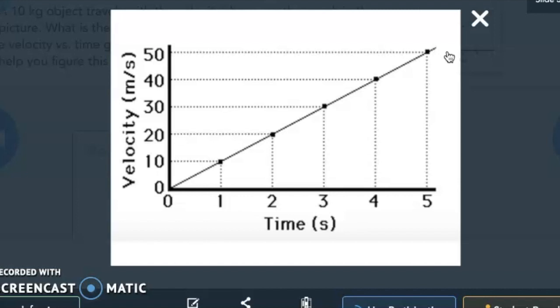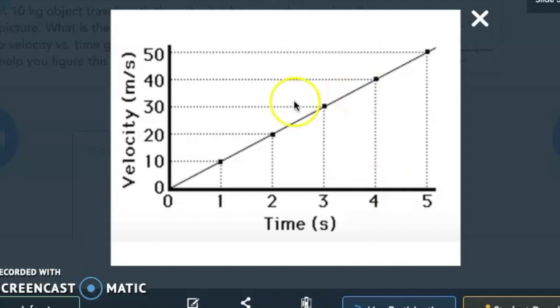If you look at the velocity time graph, remember that a change in velocity over time, our rise over our run, is going to give us acceleration. Remember, acceleration is defined as the change in velocity over a period of time.